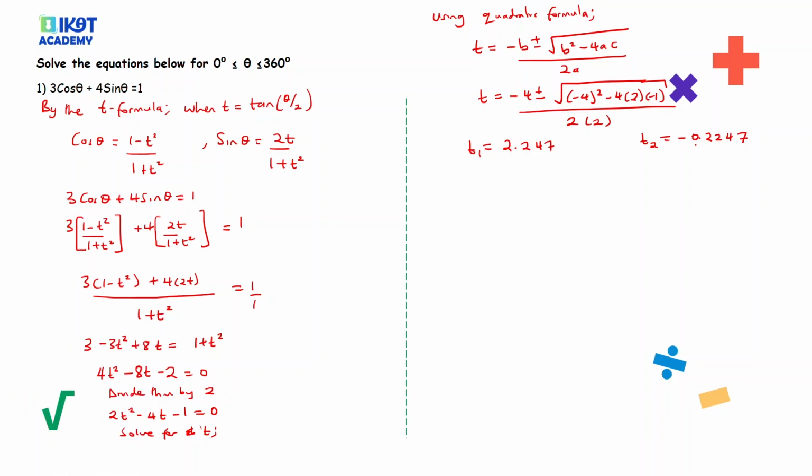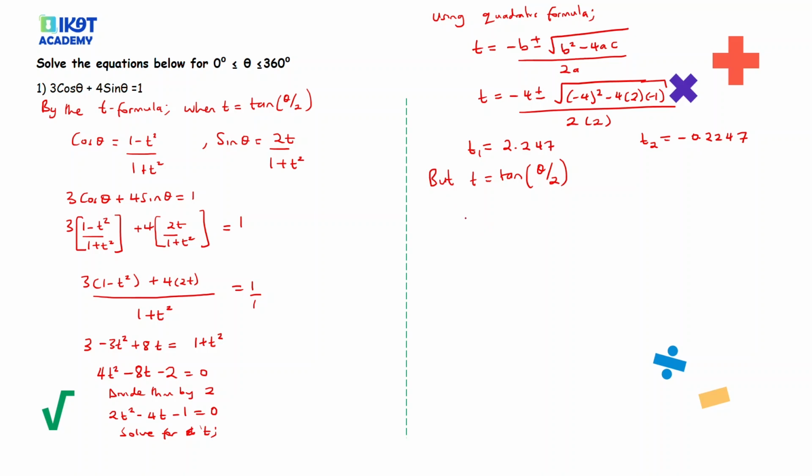Now we have t1 is this and t2 is this. So we can start working with this, but remember t is tan theta out of 2. So now we can start solving this.